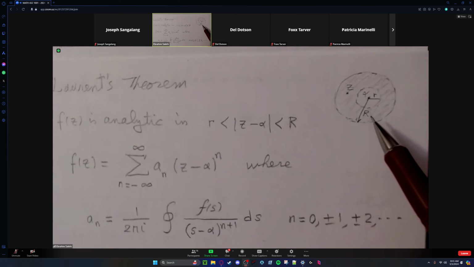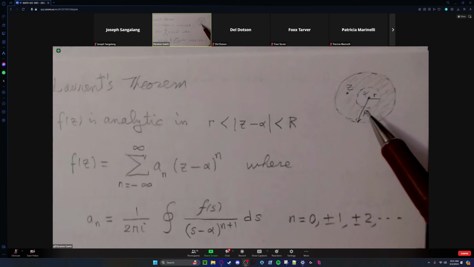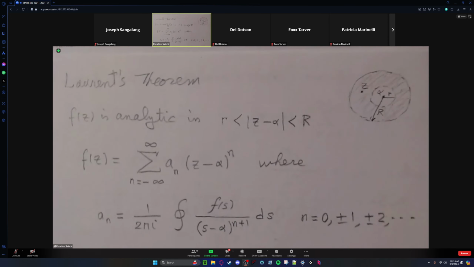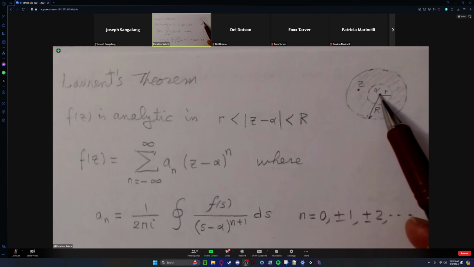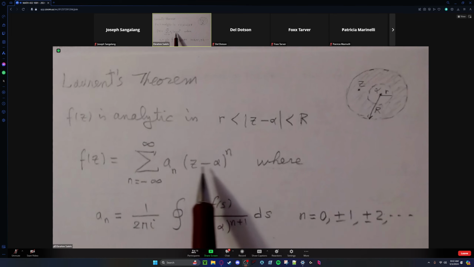Can we write a power series for this function with center being alpha? And that is the topic of Laurent series. Yes, we can. But since alpha is a singularity, in this power series, we are going to have negative powers of z minus alpha.